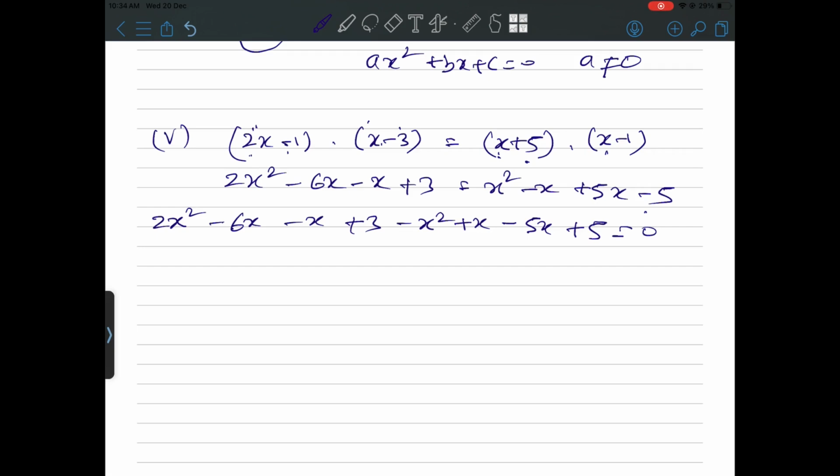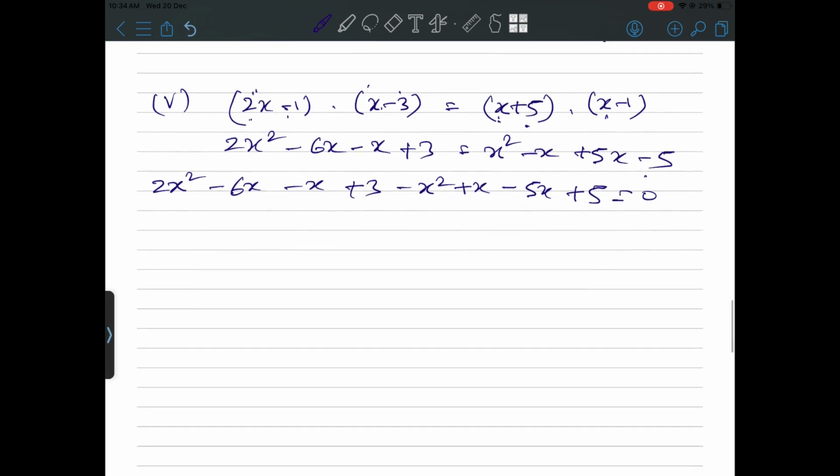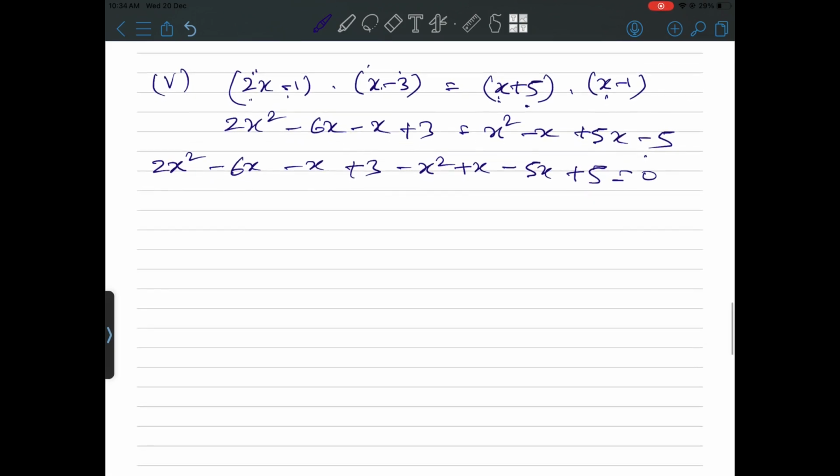Now what we will do, we'll combine all the same terms, right? For example, we see that we have x square here, x square here. If we combine them, 2x square minus x square becomes simply x square, right? Now we have minus 6x, minus 7x, then plus x and minus 5x.